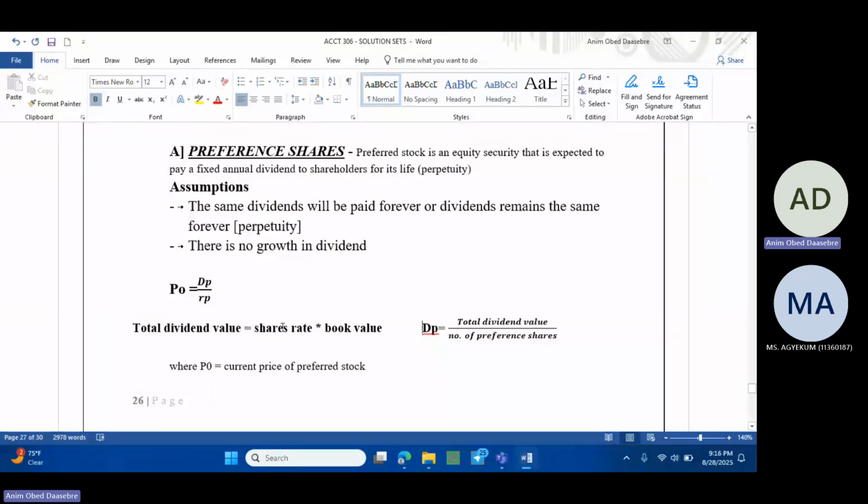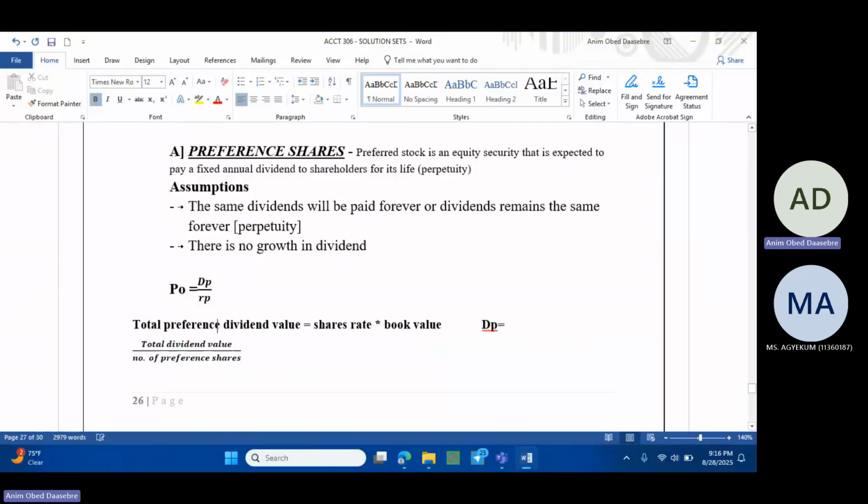To get the total preference dividend value, you multiply the dividend rate, which they give you, by the book value.